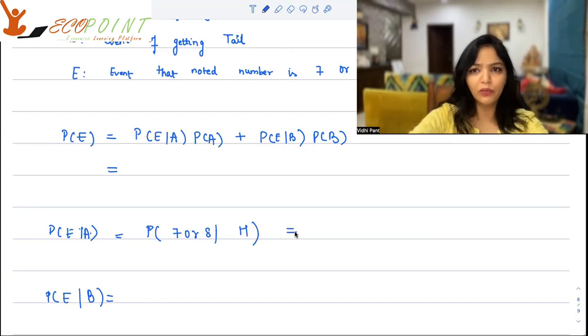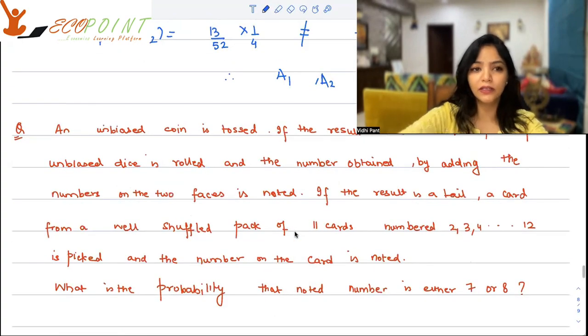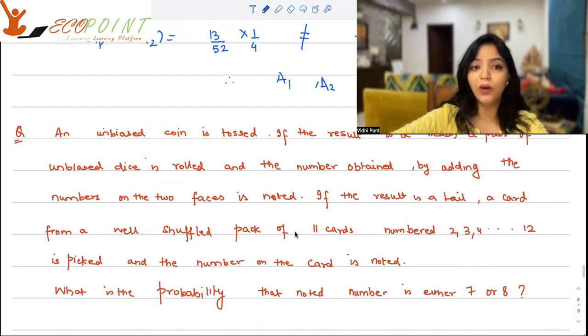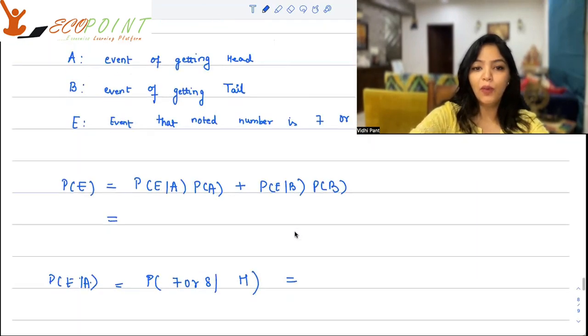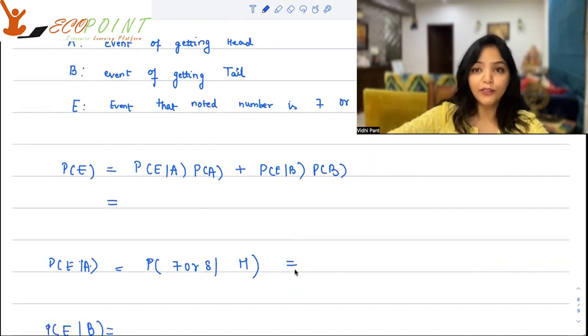And what are you doing when you get a head? When you get a head, you roll 2 unbiased dice and your outcome is the total number that you get. So when I roll 2 dice, under what combinations will you get a total of 7 and a total of 8? There are 6 positions out of 36 where I can get a total of 7: 1,6, 6,1, 2,5, 5,2, and so on.